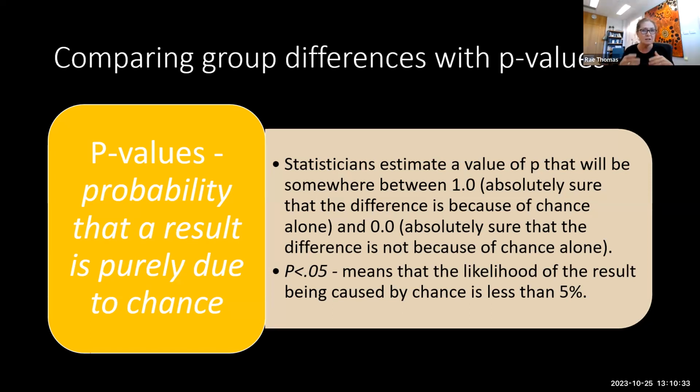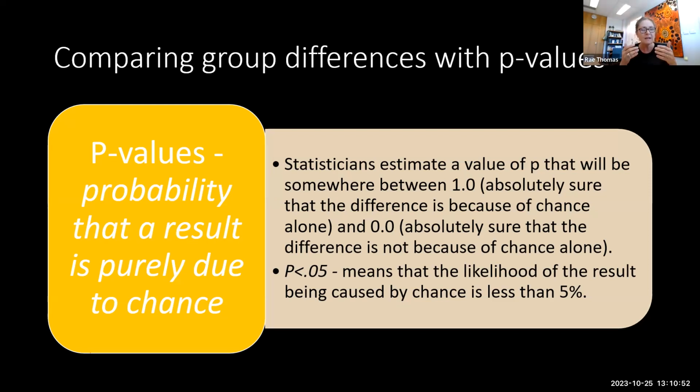So you're 95% sure something's going on. You might not be able to tell what's going on, but you're 95% sure something is happening in that space.